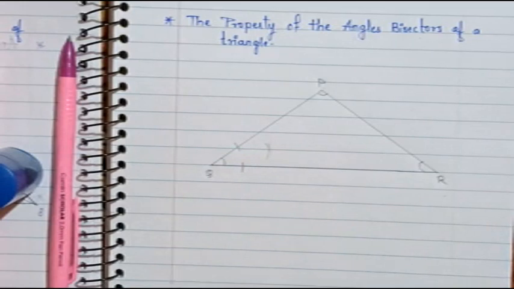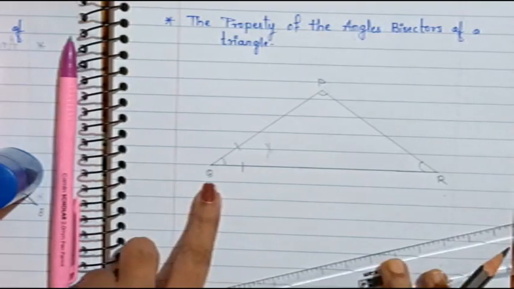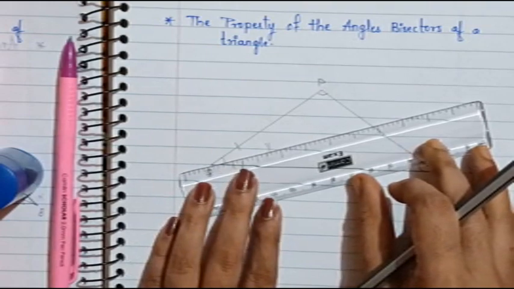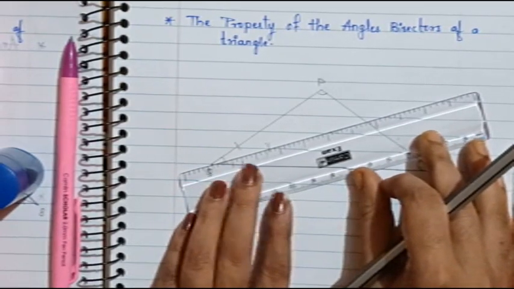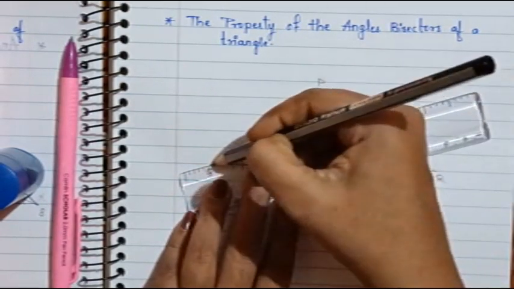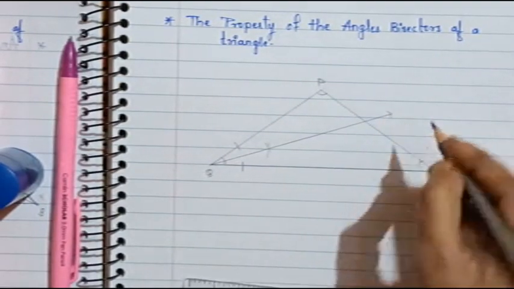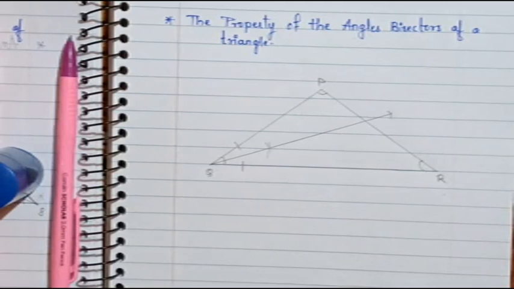So first we will draw a line passing through the origin, that is from point Q, passing through this intersecting point. So one angle has been bisected.